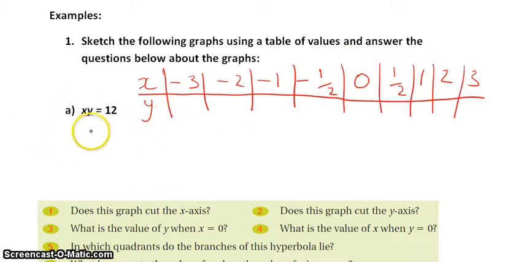And then you're going to substitute in here. Now we want to get the y value, so I'm going to rearrange this equation to y is equal to 12 over x. 12 divided by -3 is -4. 12 divided by -2 is -6, -12. 12 divided by minus a half is the same as 12 times -2, so that's -24.